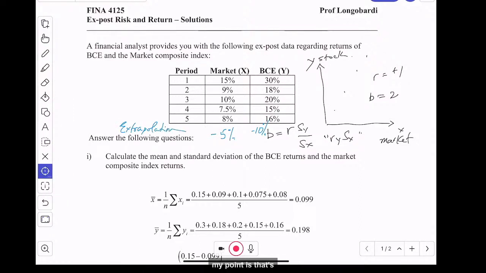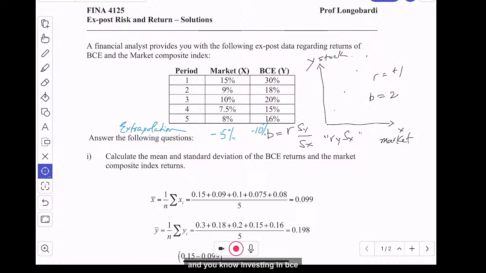But my point is that's the sensitivity. It's showing it can be a good thing, it can be a bad thing. But the worst case is, it's always doing better than the market. So it means that this can improve your return.